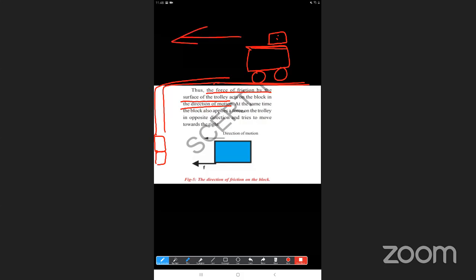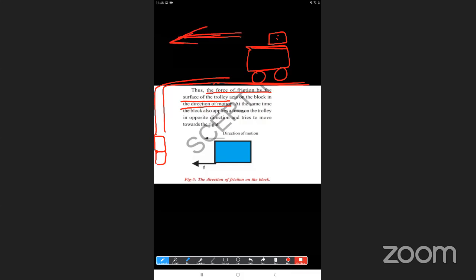Yes, so this is the toy trolley and this is the surface of the table, and here we have one block, right? So when the weights are increased continuously, here the force of friction by the surface of this trolley acts on this block in this direction of motion.